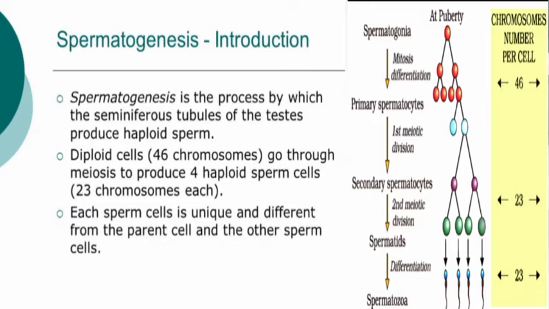Next, diploid cells, which have 46 chromosomes, go through meiosis to produce 4 haploid sperm cells. Here the 46 will be divided to form 23 chromosomes, which we call haploid cells.